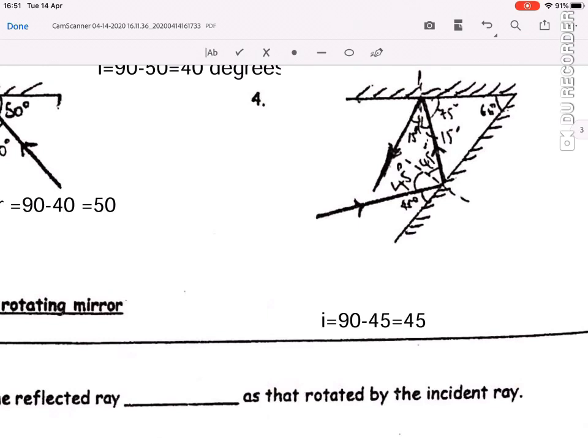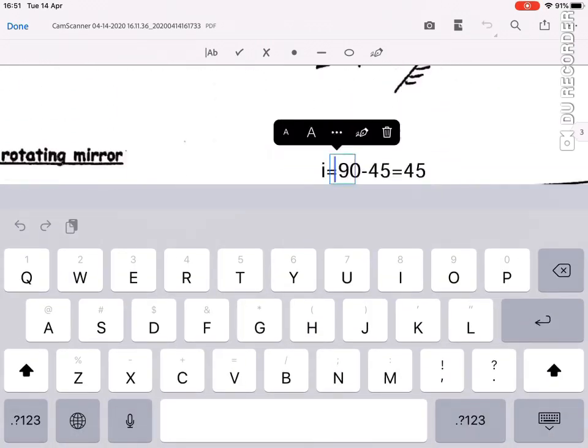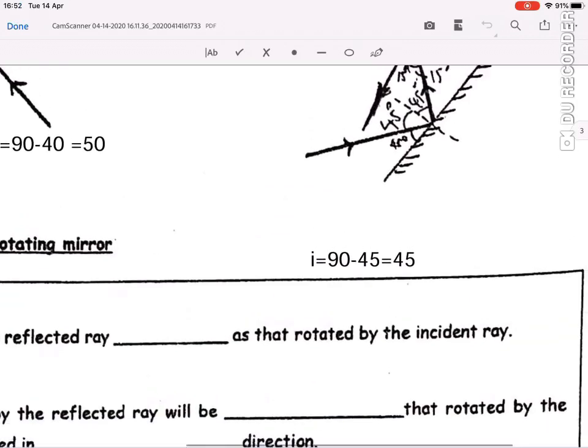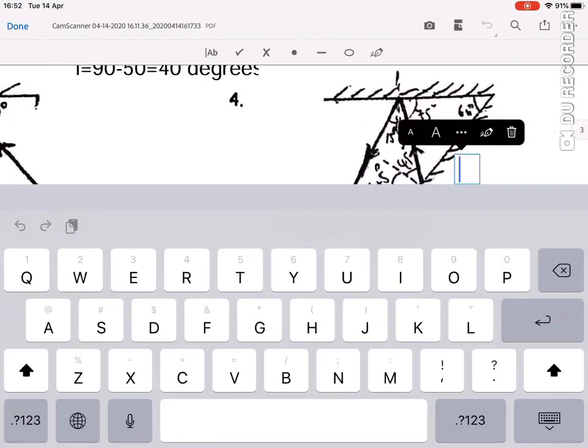Now, in here, you need to be careful. You see the angle there, 75 degrees. How do we get that 75 degrees? It's by doing the math here first. Let me write next to it so you can see it.